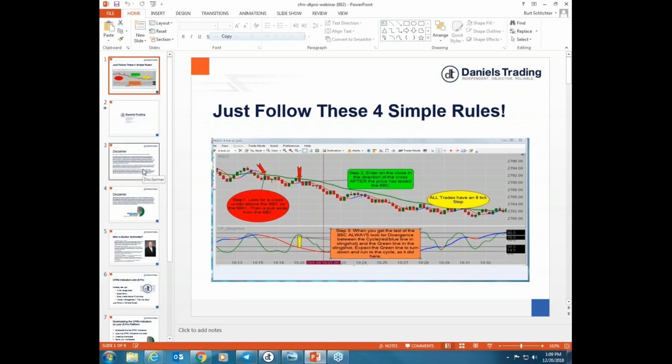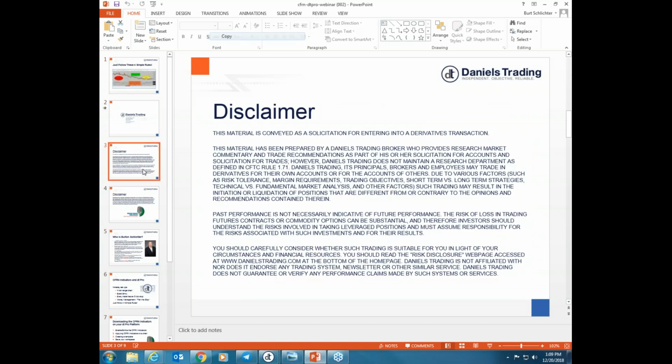And then you'll get to learn more and more about the personalities of the market that we're trading. So it's a benefit across the board. It's a win-win.